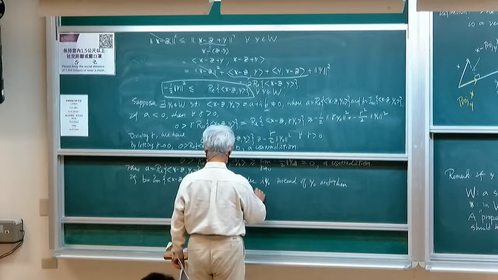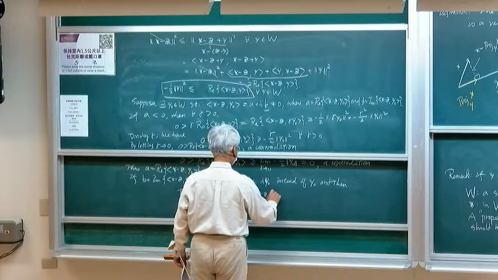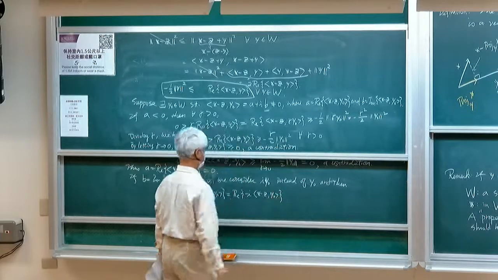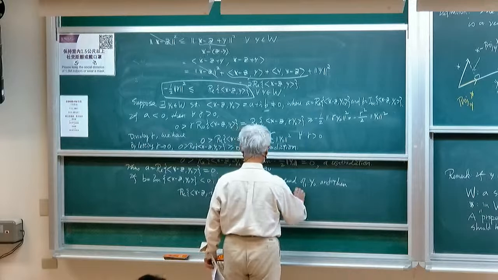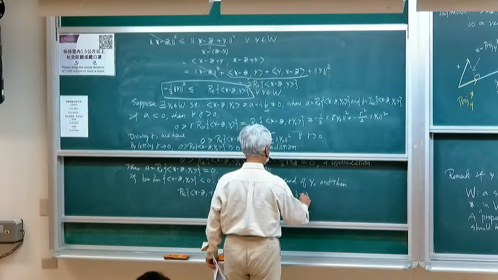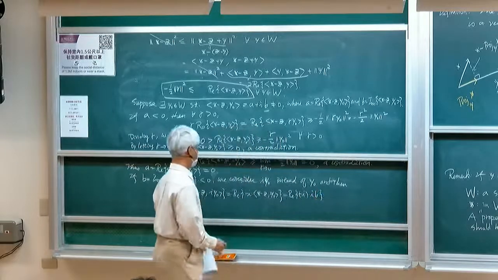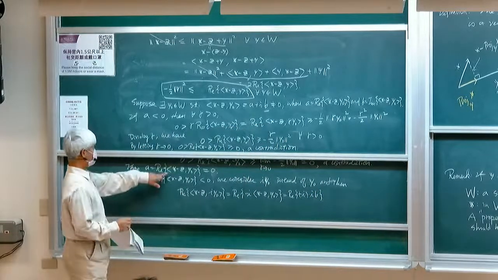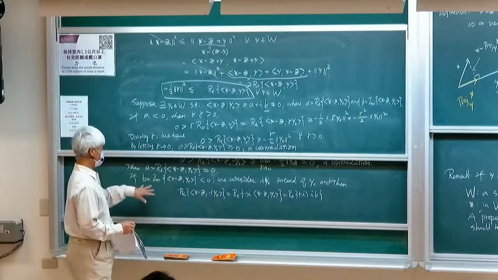Okay, and which is the real part of minus i times iB. Because the real part of this inner product is 0, it is purely imaginary.